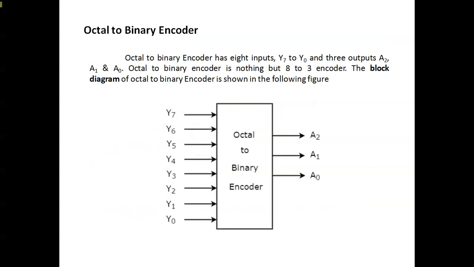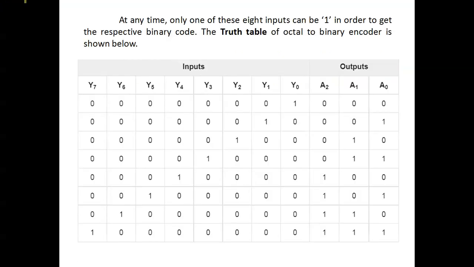So this is the octal to binary encoder. Octal means 8 inputs. So 2 power n, that is 8. Then the n value here is 3. That is the octal to binary encoder. So similarly here also we have the same encoder.